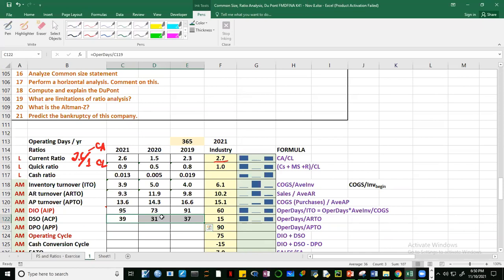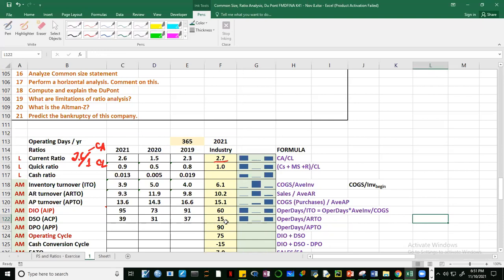Okay. 39, 31, 37. Okay, ang best performance natin, guys, nung 2020. Kasi yung receivables natin, nako-collect natin within 31 days. Dito, 39 days tayo. But look, guys, we're not only benchmarking against time. We're benchmarking against a direct competitor. Si direct competitor in 15 days nakolekta na niya.